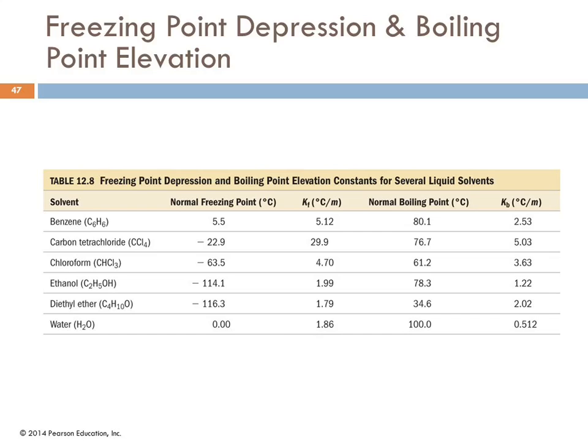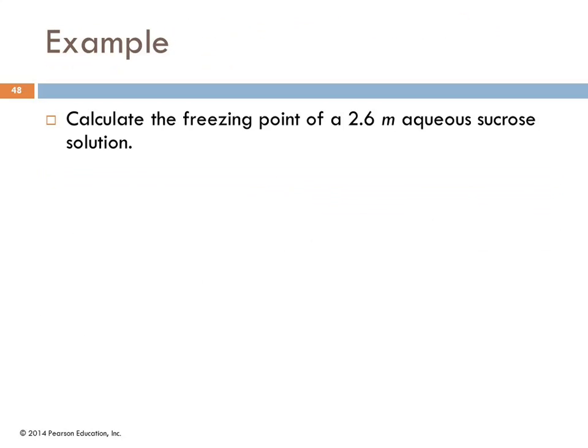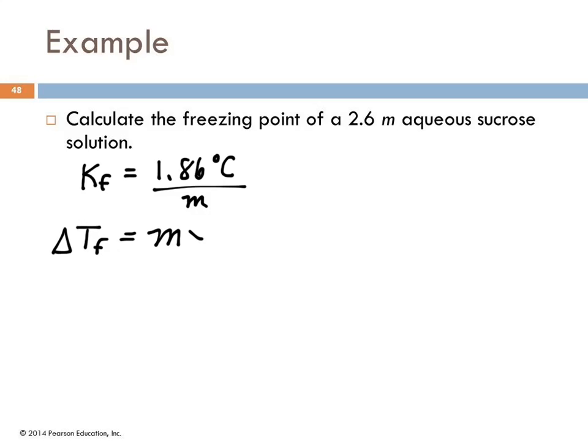Kf is 1.86 degrees Celsius per molal, not meter. The change in the freezing point is equal to the molality times the freezing point depression constant.